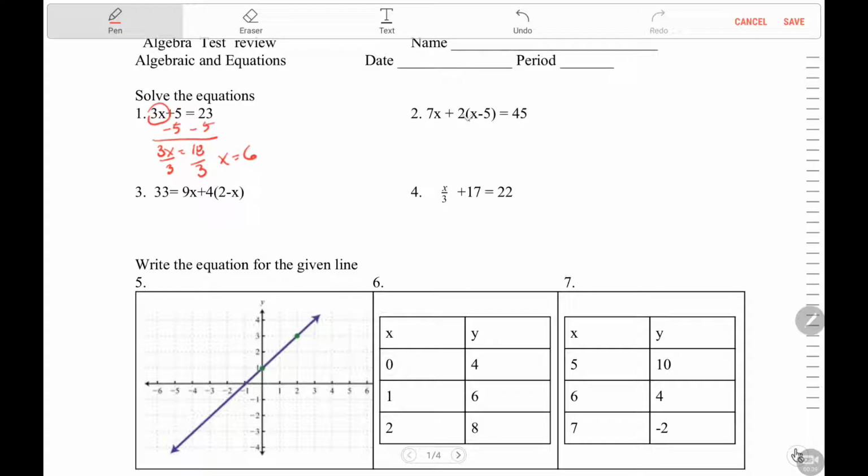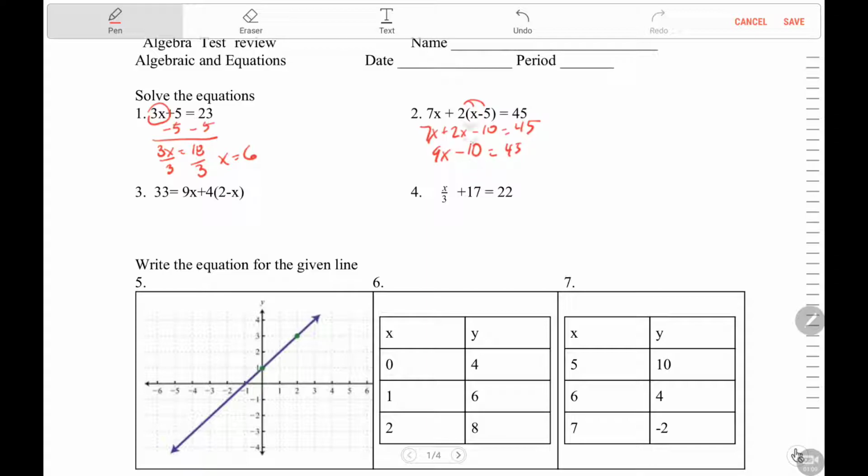Remember on number 2, if you see this group here, this coefficient, go ahead and distribute. So you have 7x plus 2 times x is 2x, plus 2 times minus 5 is minus 10. Okay, and then remember to combine like terms here. 9x minus 10 equals 45.